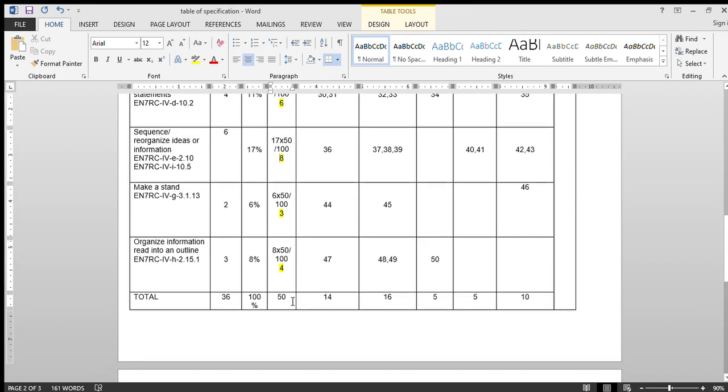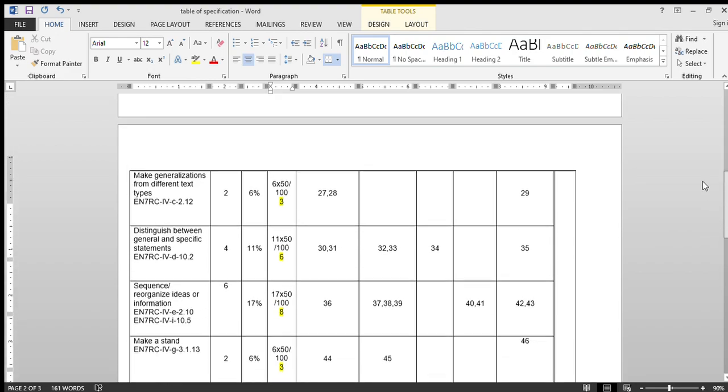It will total to 50 items. So it is correct. I used 50 items as the number of questions, and when I total this, it is correct. It arrived at 50.